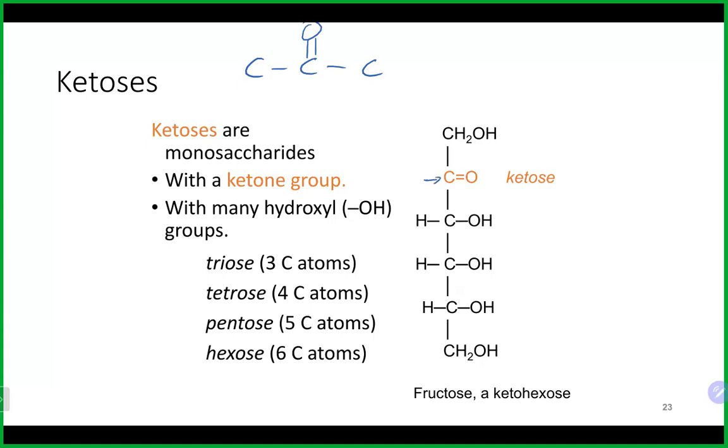If we were numbering, we would number this way: 1, 2, 3, 4, 5, and 6. That is a ketose, and it's got 6 carbons, so that is a ketohexose. Again, ketose because it has a ketone group, hexose because it's got 6 carbons.